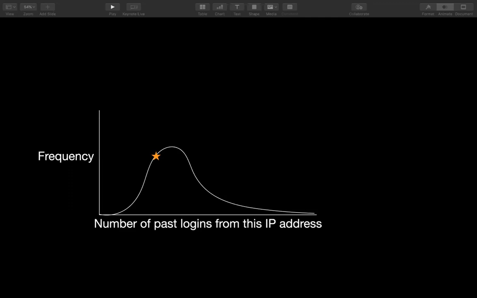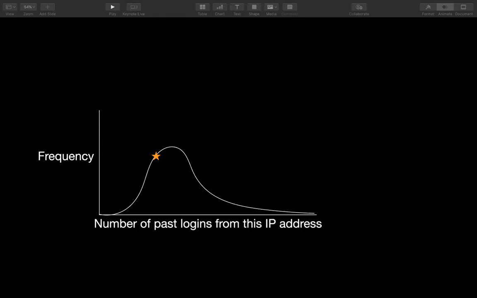And then you go up vertically from that point on the x-axis to find this frequency score among the historical benign samples. Okay, so in this case, we would see, oh yeah, that's in the middle of this distribution. It's pretty common to have a login where this feature value is 10.